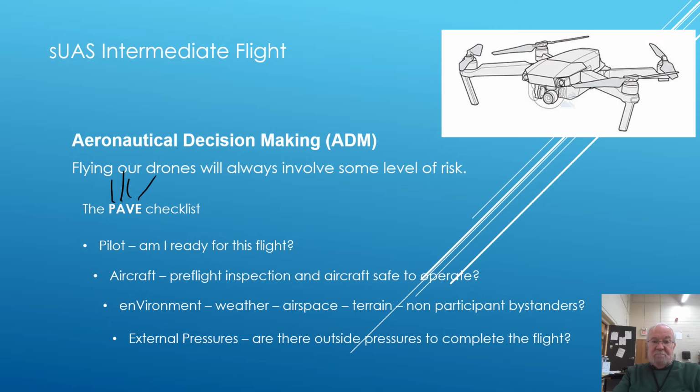Because being unfit as a pilot, mentally or physically, is an added risk. Is the aircraft not quite up to par? Batteries are low, or propeller blades have been eroded and they're not quite as efficient. I don't know. The environment, the weather's not all that good, external pressures. These things are additive. Almost all accidents, virtually all accidents, are a chain of things that happen. Yeah, I'm feeling a little bit sick, but I'm pretty good.